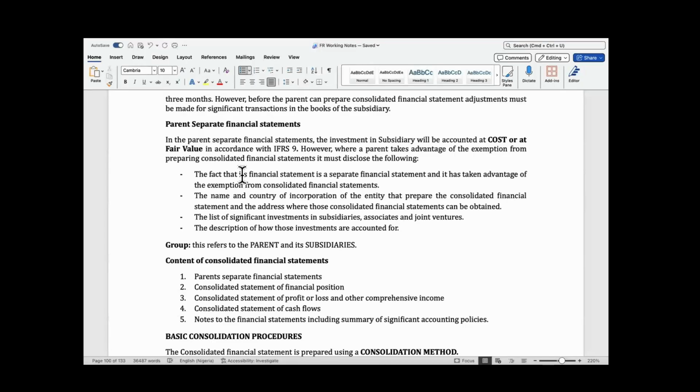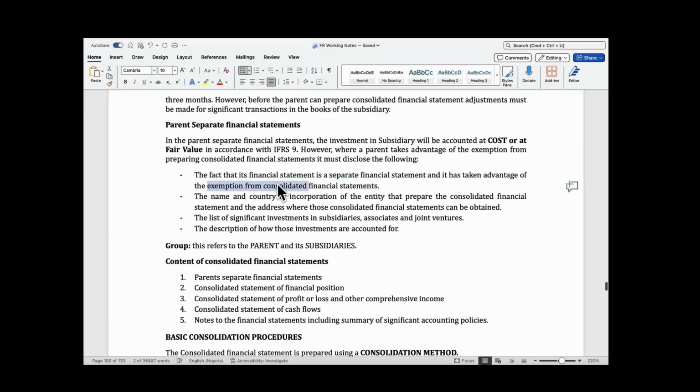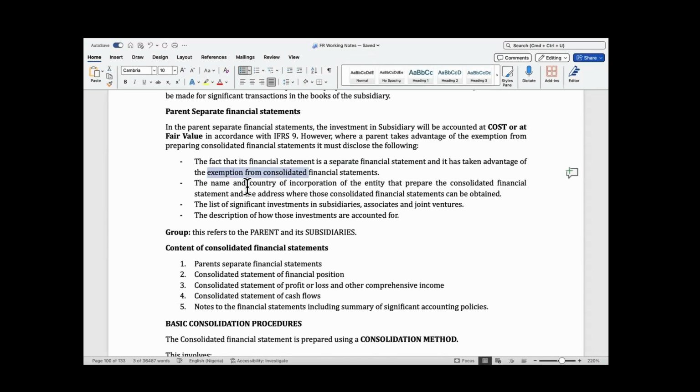Number one, you need to state the fact that the financial statement you are preparing is just a separate financial statement and not a consolidated financial statement, because you have keyed into the exemption from consolidation. Then you need to tell us the name and country of incorporation of the entity that is preparing the consolidated financial statements, and the address where those consolidated financial statements can be obtained.